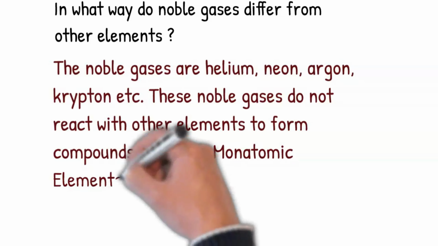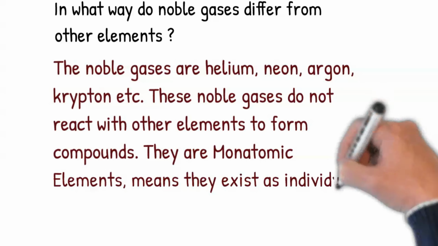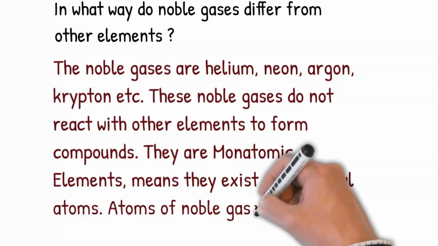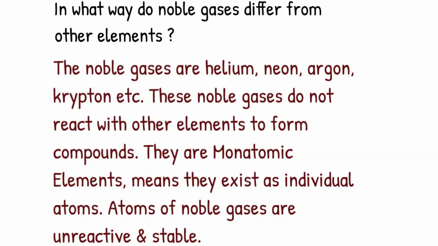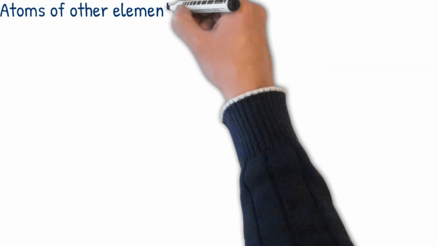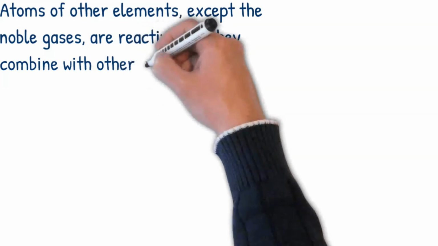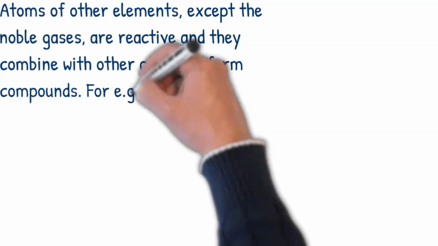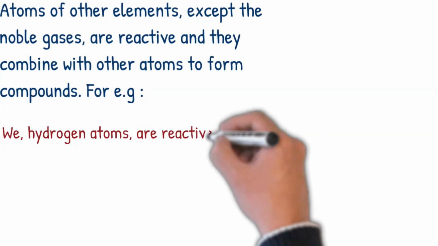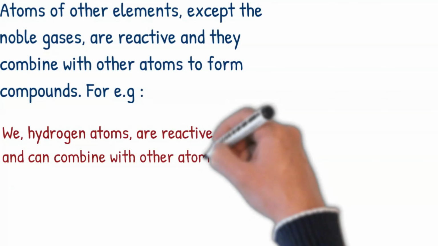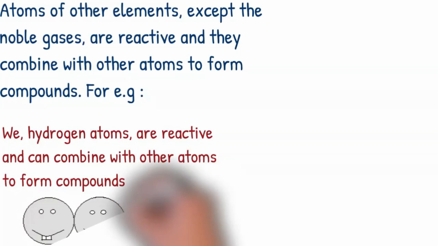They are monatomic elements, means they exist as individual atoms. Atoms of noble gases are unreactive and stable. Atoms of other elements, except the noble gases, are reactive and they combine with other atoms to form compounds. For example, hydrogen atoms are reactive and can combine with other atoms to form compounds.